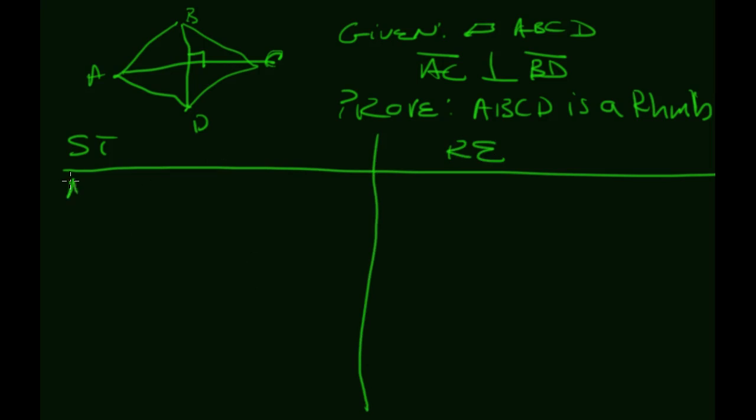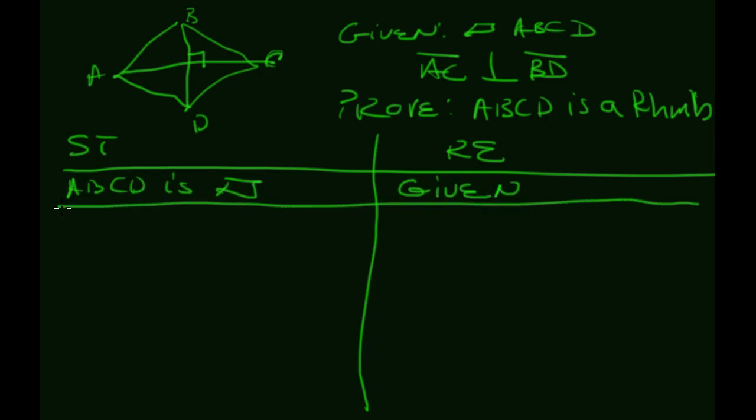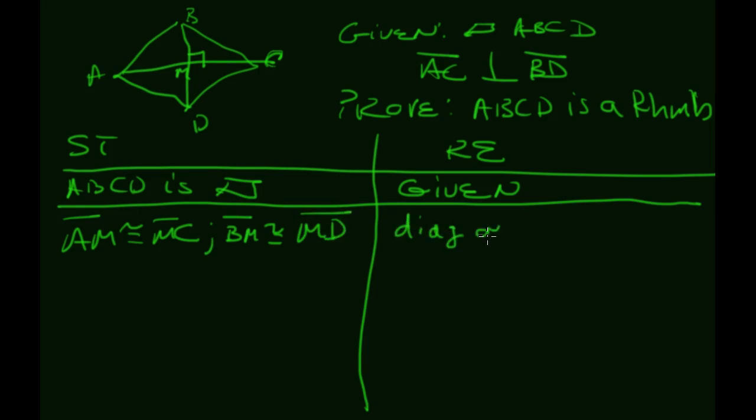All right. So let's start off with ABCD is a parallelogram. That's given. This tells me that AM, okay, so we're going to call this M, sorry, AM is congruent to MC, and BM is congruent to MD because the diagonals of a parallelogram bisect each other.